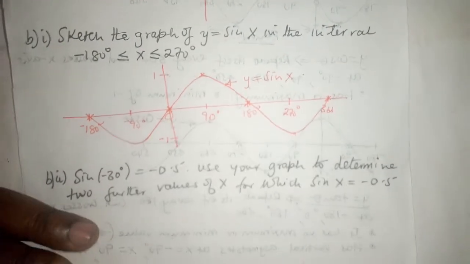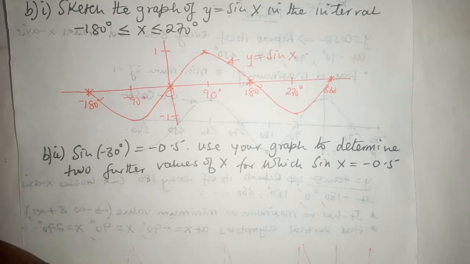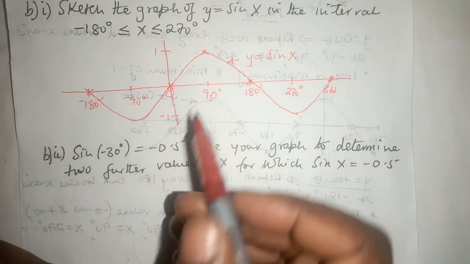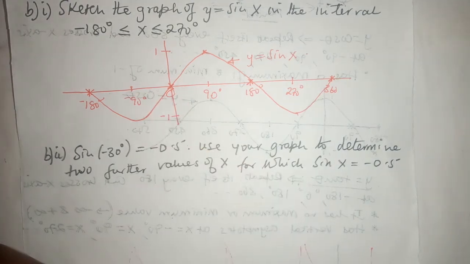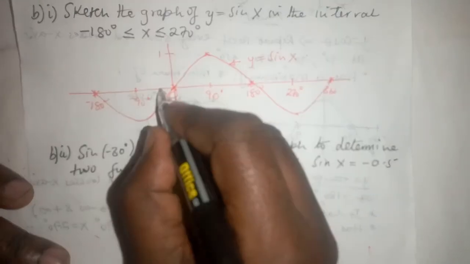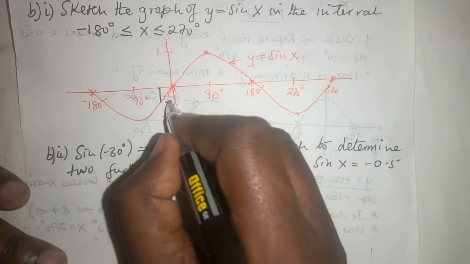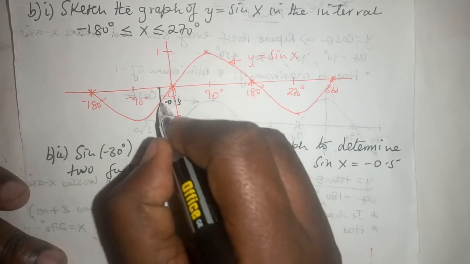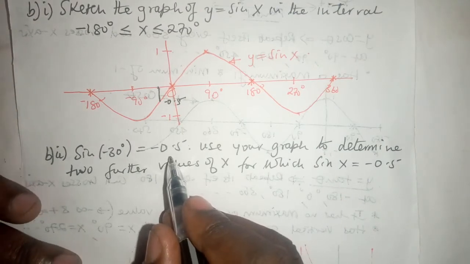Having said that, we now get to part C of the question. Part C suggests that the sine of negative 30 degrees is negative 0.5, and that is true according to this graph.